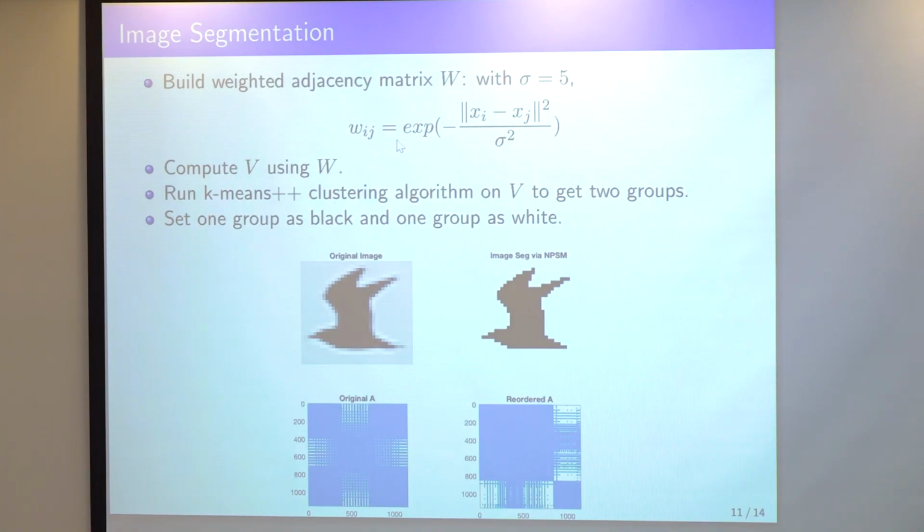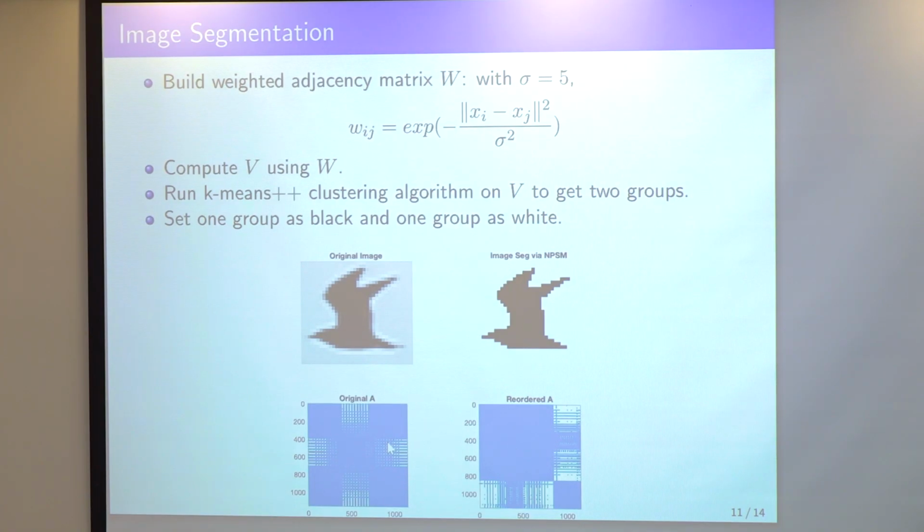Then we have our weighted adjacency matrix. Then we can find this V from the weighted adjacency matrix using the previous recurrence or the algorithm. Then we can run clustering algorithms like K-means++ to extract two groups. And then we just set one group as black, one group as white. Then we have the image segmentation result.